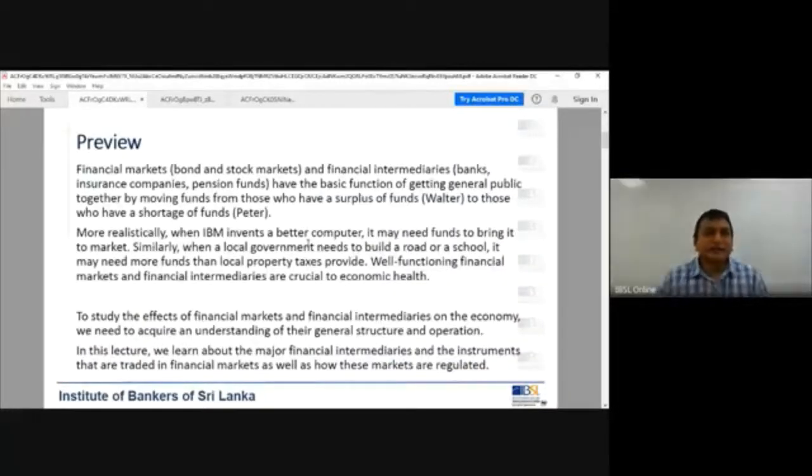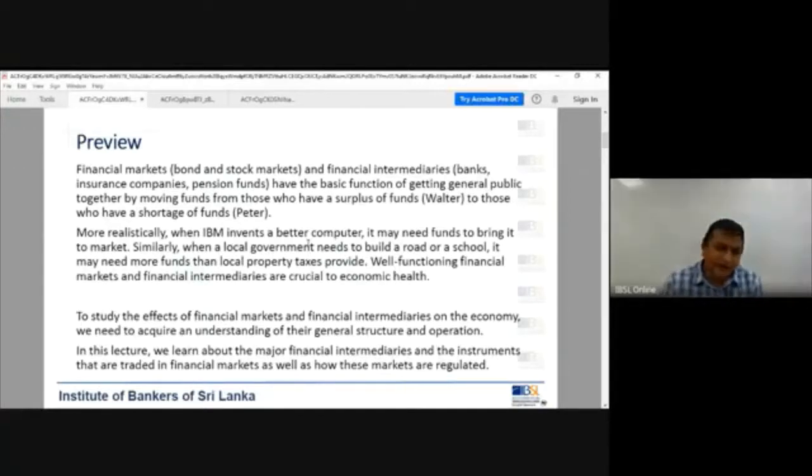And in this subject area, we look at financial markets. Actually, I look at it in a broader sense, bond and stock markets, because those take a very big share of financial markets everywhere in the world, right? And then we look at financial intermediaries. These are the institutions, mainly the banks.